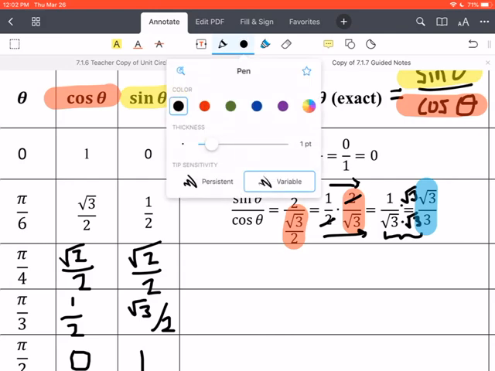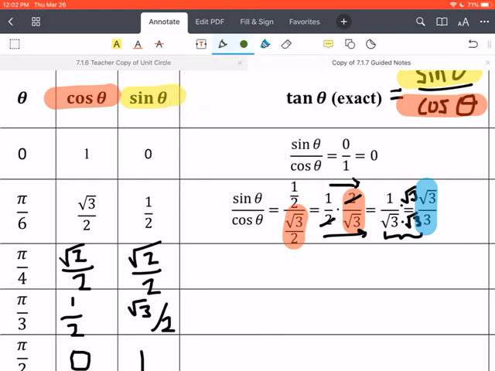Okay, so let's go ahead and try pi over 4. Well, I like pi over 4 because what is the sine? The sine is root 2 over 2, divided by, what is the cosine? Root 2 over 2. So that's equivalent to taking your first fraction and multiplying by the reciprocal.